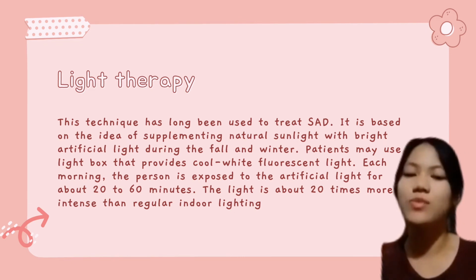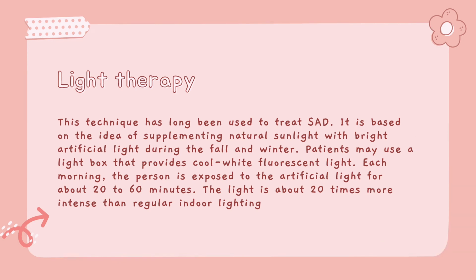Each morning, the person is exposed to the artificial light for about 20 to 60 minutes. That light is about 20 times more intense than regular indoor lighting. So this light therapy is commonly used abroad or in a place that has four seasons.